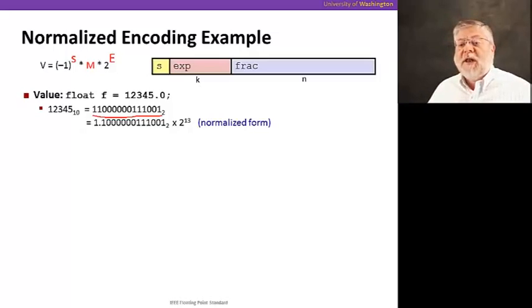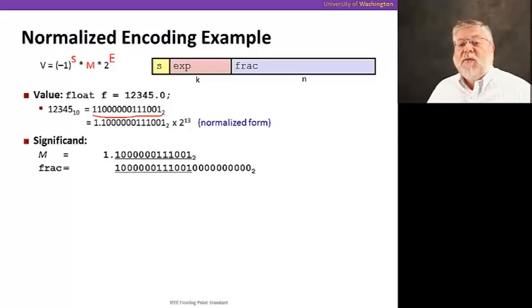So that's our normalized form. And now we can encode the significand, which is just this value brought down here. And of course, we're not going to bother with the leading 1.